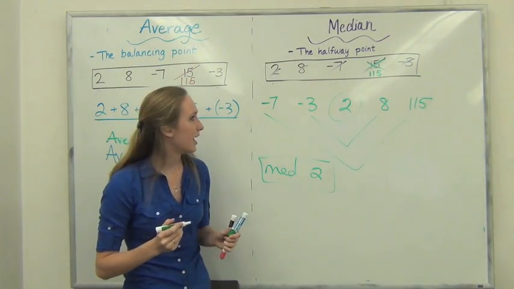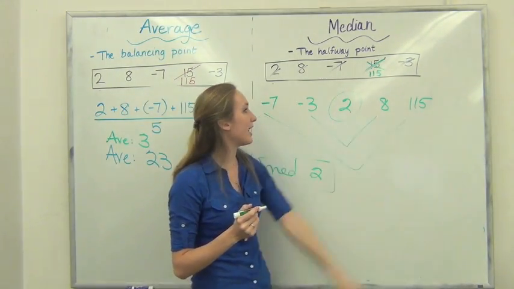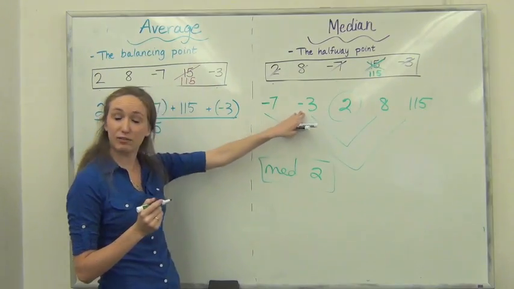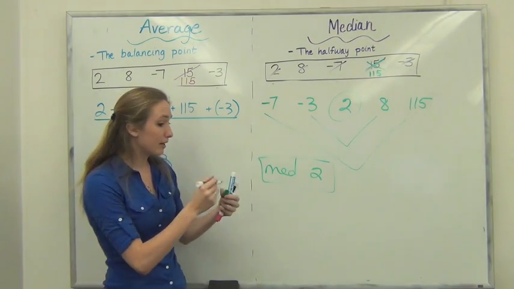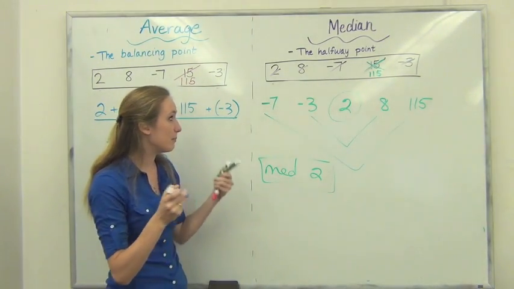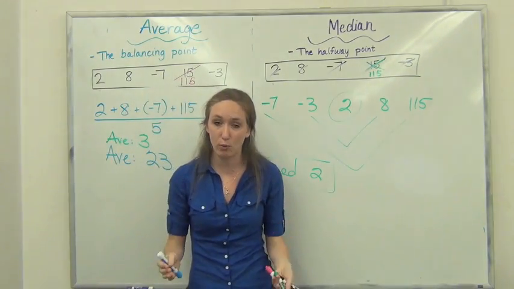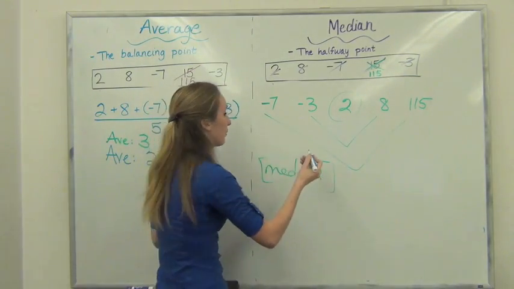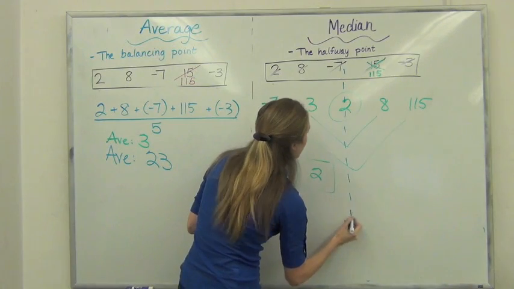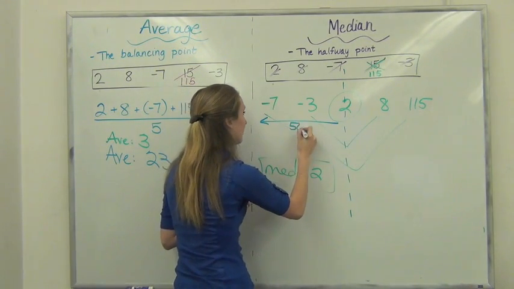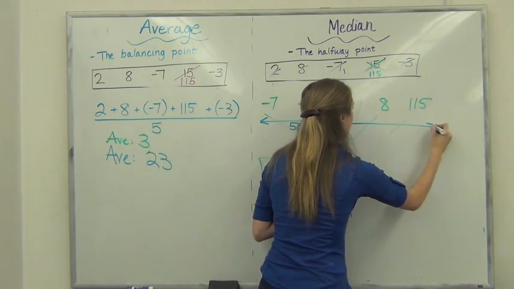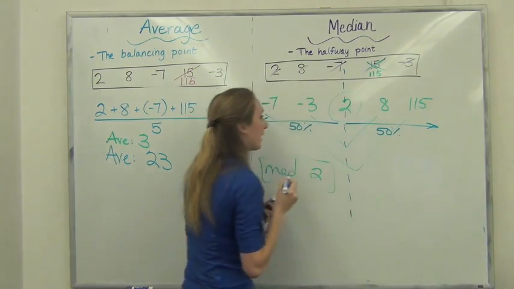Well, why is this? And would that rule be the same if I had added 100 to negative 3? Well, the reason behind this is the median is that halfway point, the point where we have 50% of the numbers on the left and 50% of the numbers on the right.